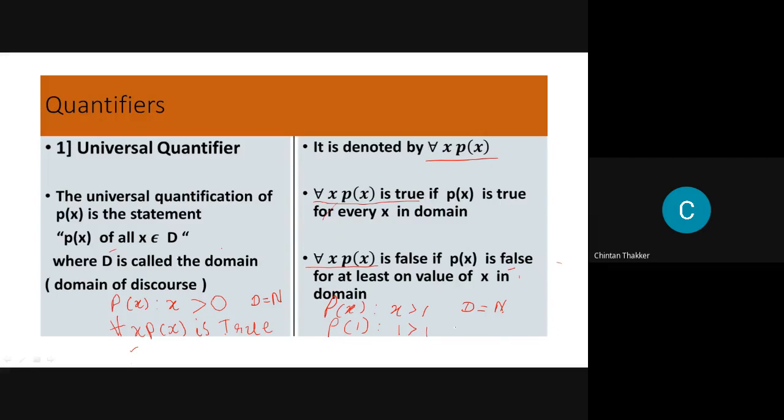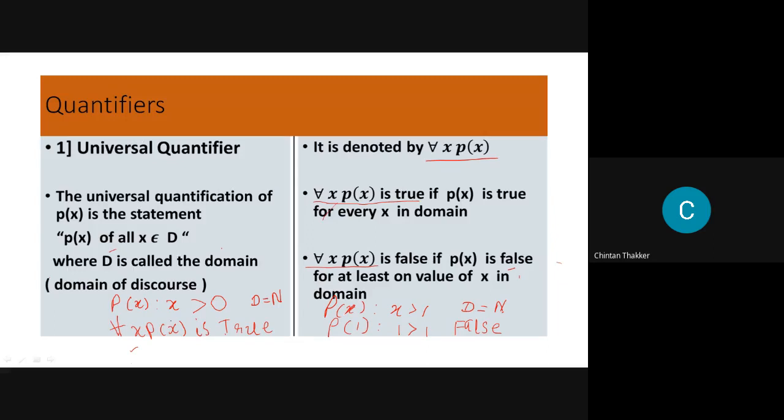This is false. So here P(1) is false. Therefore, we got one value in D for which P(x) is false.